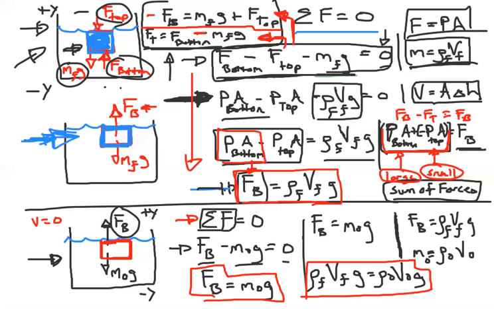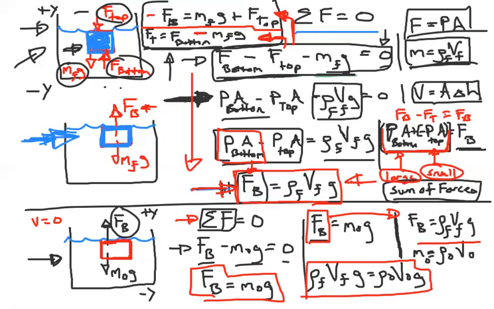Okay. And when it's equal to the weight of the object, we can exchange one side of this equation with what we know the buoyant force is equal to, which is what we derived above: the density of the fluid times the volume of fluid times gravity.